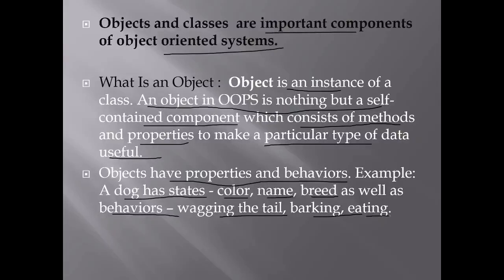For example, take another example, a car. The car's properties are the color of the car, the manufacturer of the car, the model of the car, the name of the car, and the price of the car. And what is the behavior of the car? The behavior of the car is moving from one place to another. Wheels are also properties of the car.